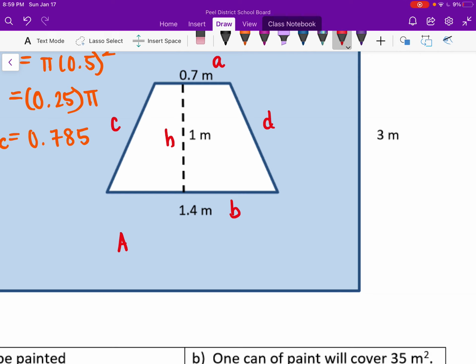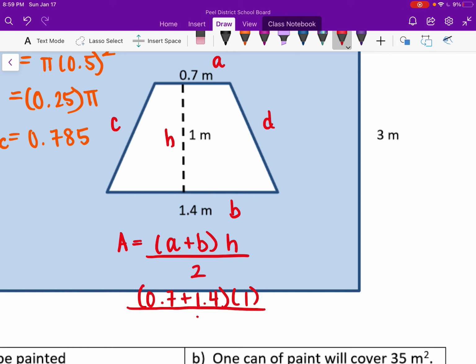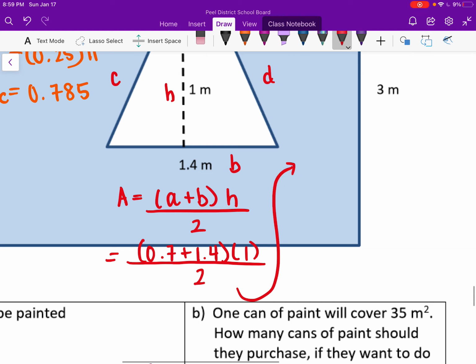So area is equal to A plus B times H divided by 2. Let's put in our numbers. We have A, which is 0.7, plus B, which is 1.4, times H, which is 1, divided by 2. I'm going to do 0.7 plus 1.4, which gives me 2.1. I'm just going to carry this up over here. 2.1.